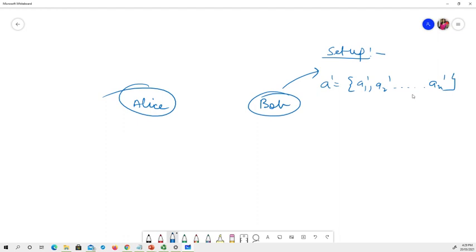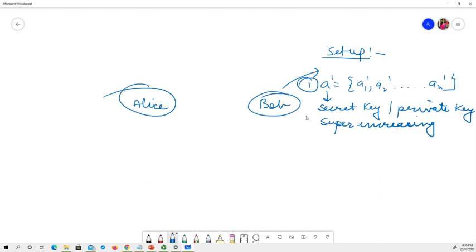Once again, this is the secret key, which is what is termed as the secret key or the private key for Bob. Okay, so Bob would be having a super increasing sequence of numbers, and this would be only and only known to Bob. Next, Bob will have two numbers, which are M and W.